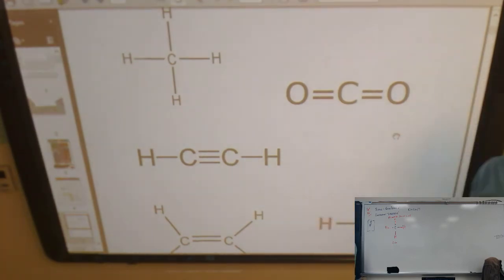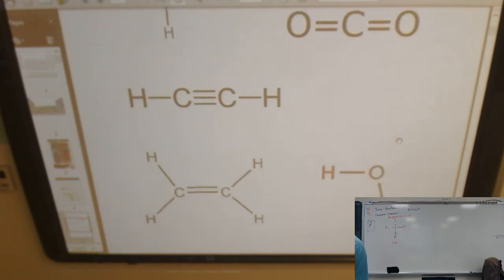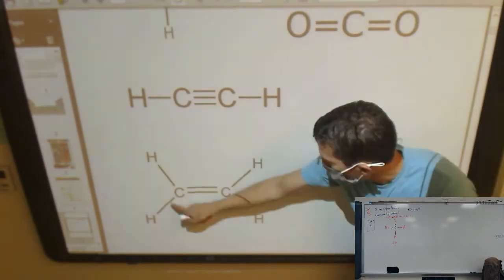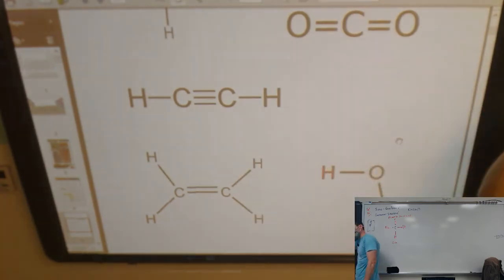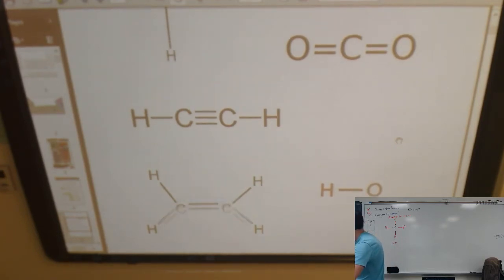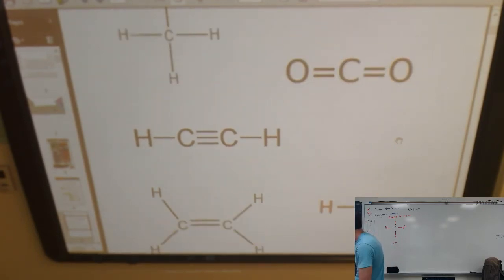So out in nature, carbon always forms 4 bonds. What about hydrogen? How many does it look like hydrogen always forms? 1, because it wants to gain 1 more electron. So no matter where it's at, hydrogen is always going to form 1 bond if it's going to be stable. And then what about oxygen? Looks like oxygen's pretty much always 2.